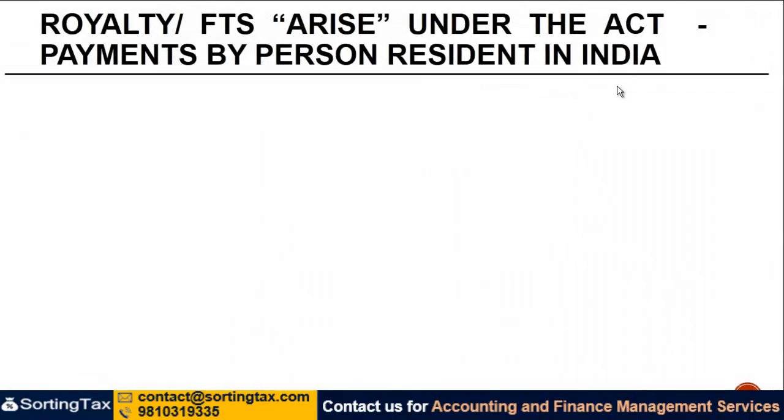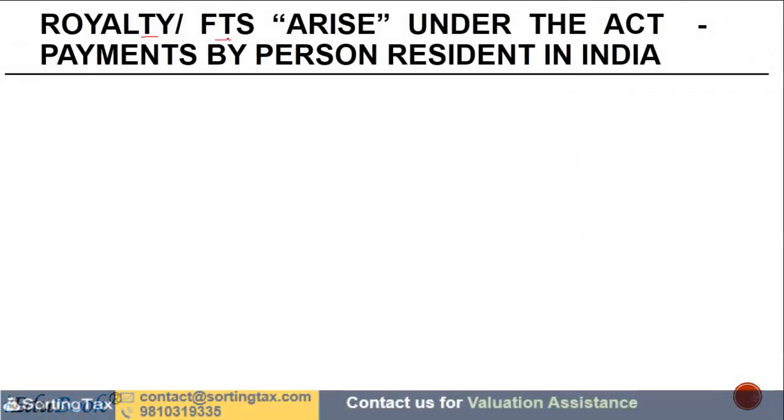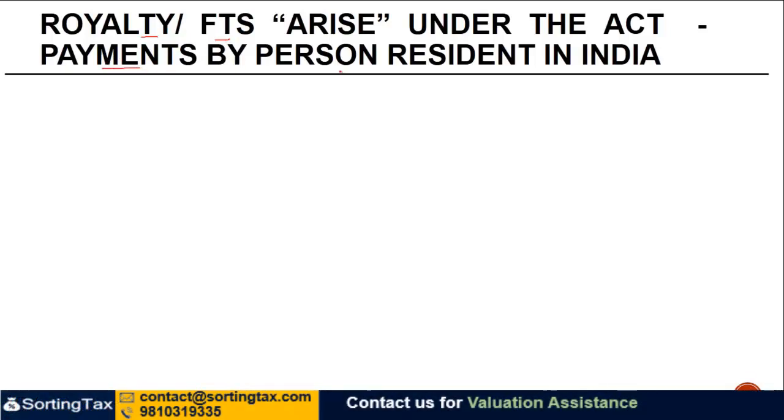The second example could be of a royalty or FTS for which the payments are by a person who is resident in India. So think of a situation, there could be two cases over here. A resident is carrying on a business in India, right?